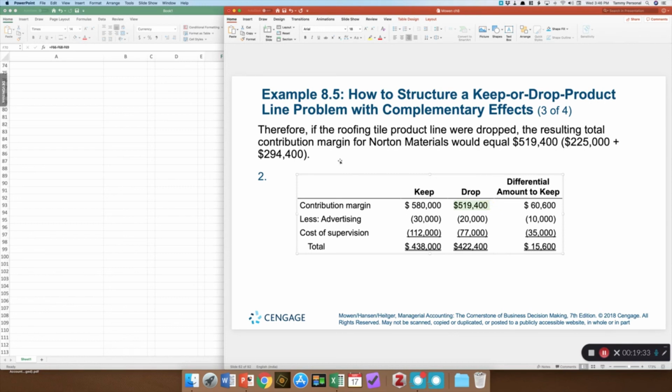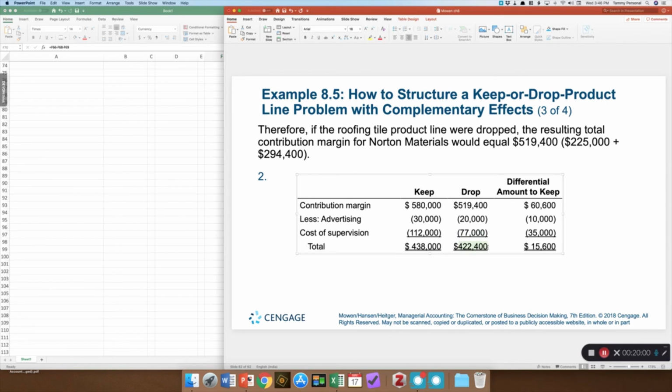We're going to avoid some of our advertising costs. Remember, $10,000 of our advertising costs, so that's $20,000. We're going to avoid some of our supervision costs. So our total supervision costs then in this case are going to be $77. And so that means that we're going to have a total profit or operating income of 422 if we drop the tile.